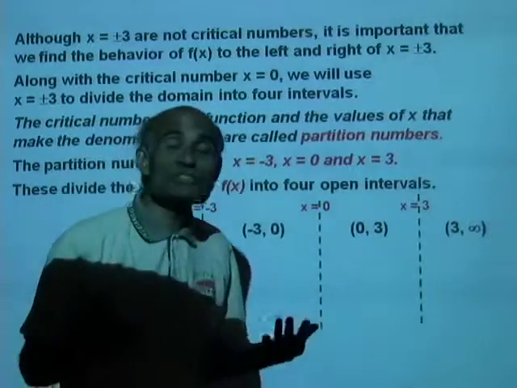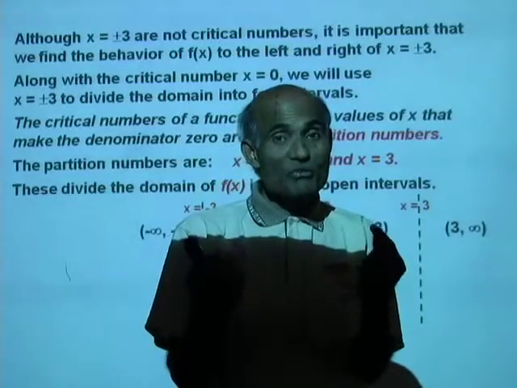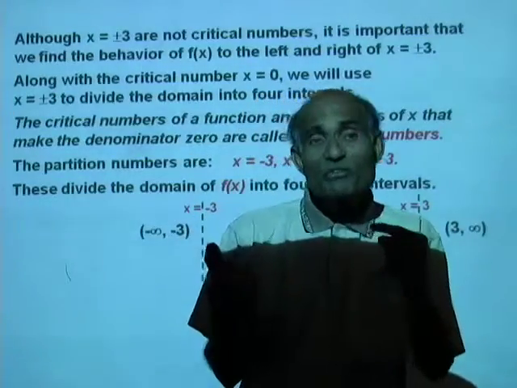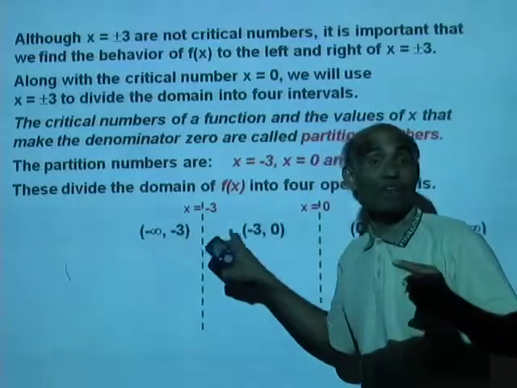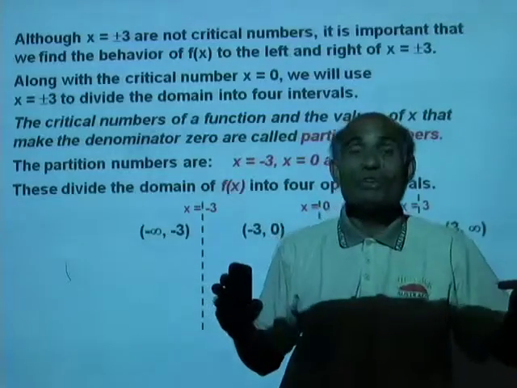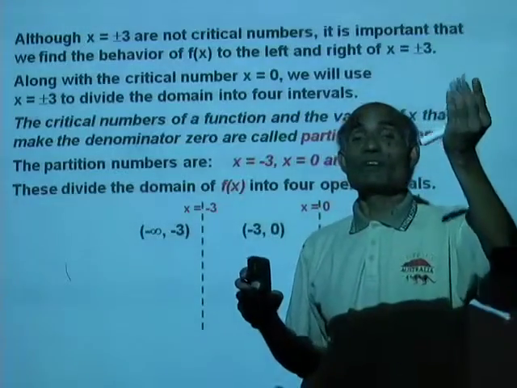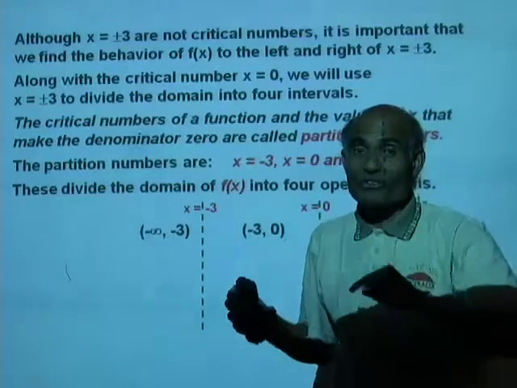What is our next task? Well, our aim is to find whether the first derivative is positive or negative on these intervals. If the first derivative is positive, we know the function is increasing. If the first derivative is negative, we know the function is decreasing.